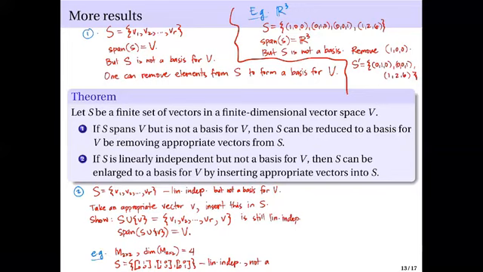Not a basis. Okay? Then maybe take V equals 1, 0, 0, 0. You can insert this in S.